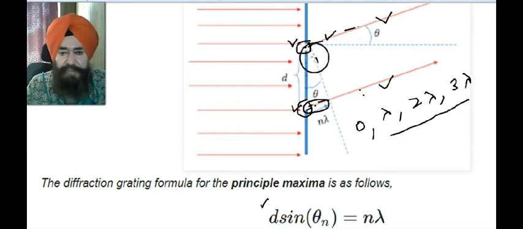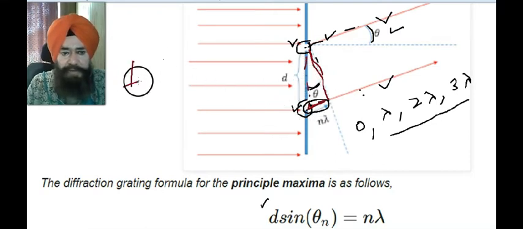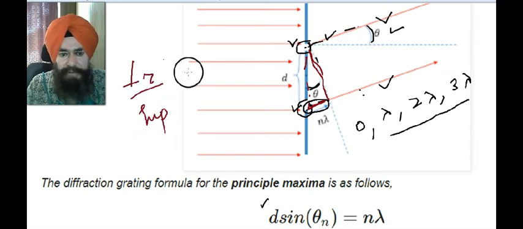Now if this angle is theta, then this angle will be theta. Right? So this is a baseline. This one is perpendicular. This is the hypotenuse. And perpendicular upon hypotenuse is equal to sine theta.